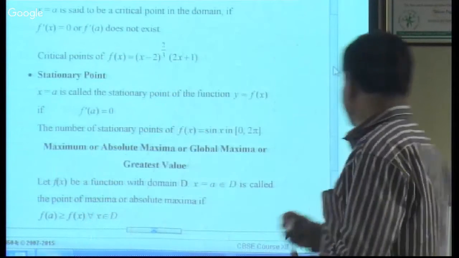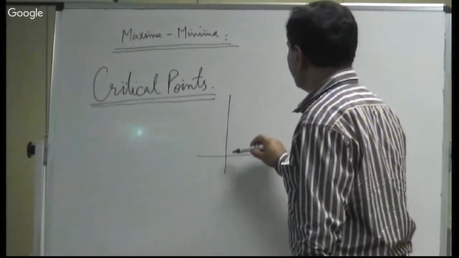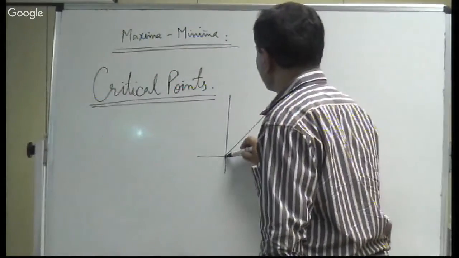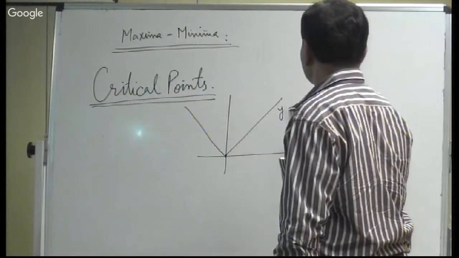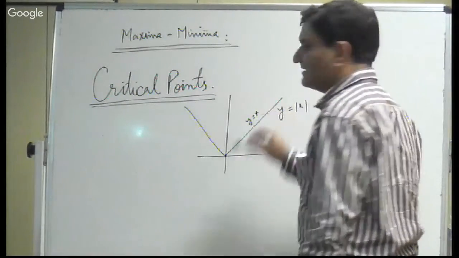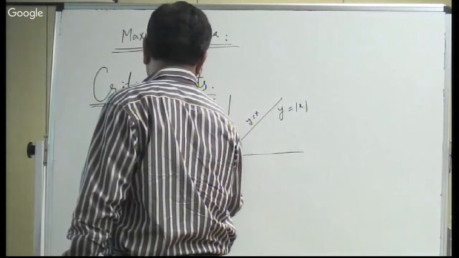For example, if we take a curve like mod x, you know the shape of mod x? y equal to mod x, right? y equal to x when x is positive, and y equal to minus x when x is negative.